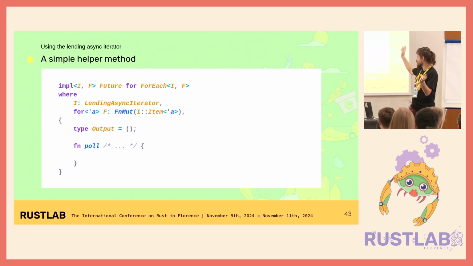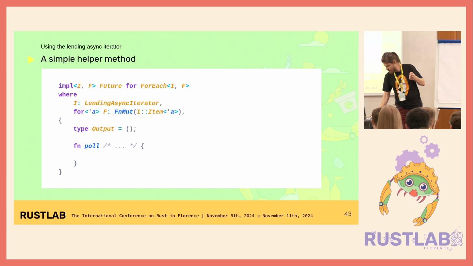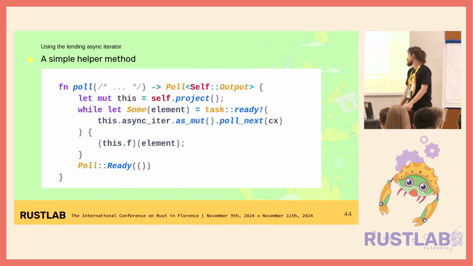So this is some boilerplate. OK, we want to implement Future, because you probably want to write something like async_iter.for_each.await, because it could be very useful to do that. The output is nothing, the unit type, and we can try to implement poll at this point.